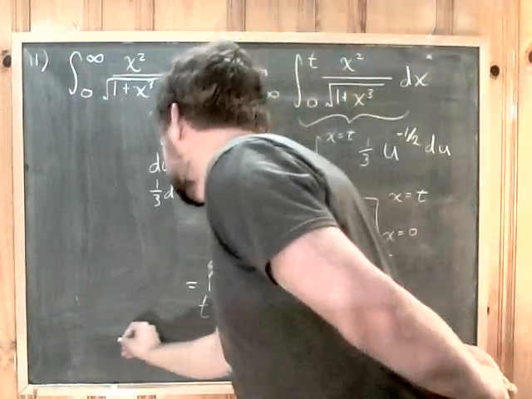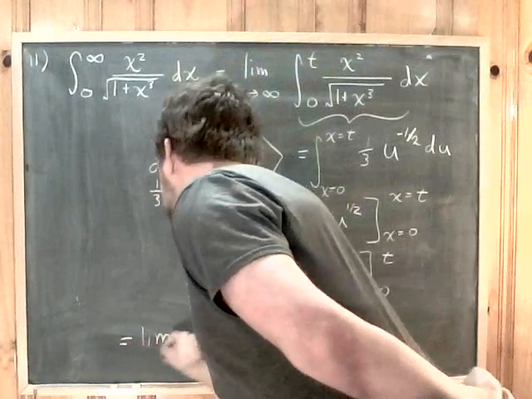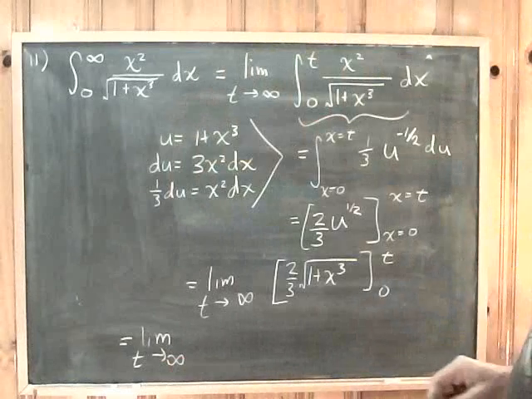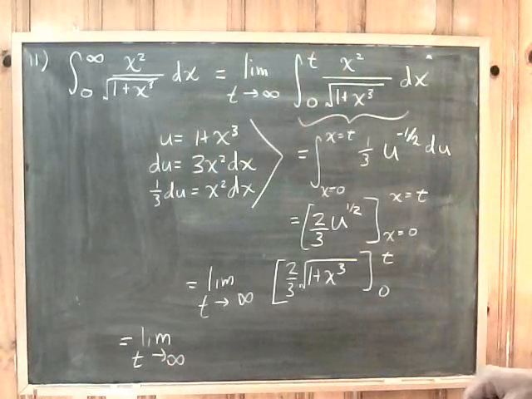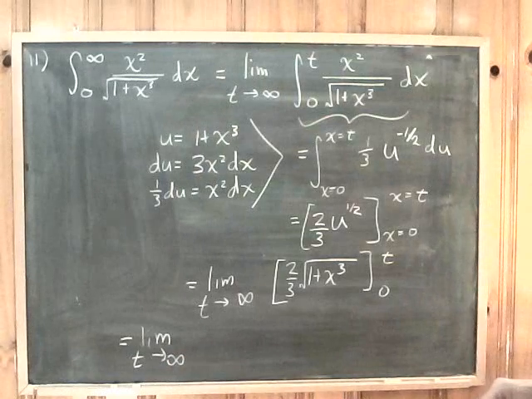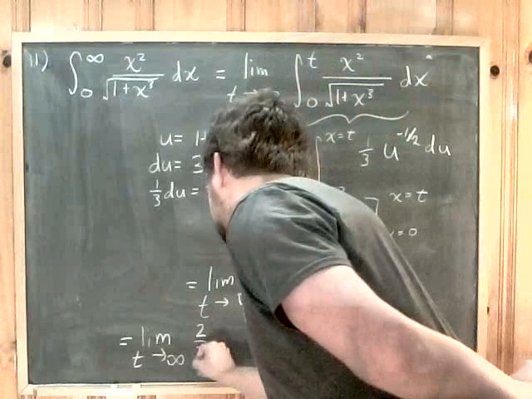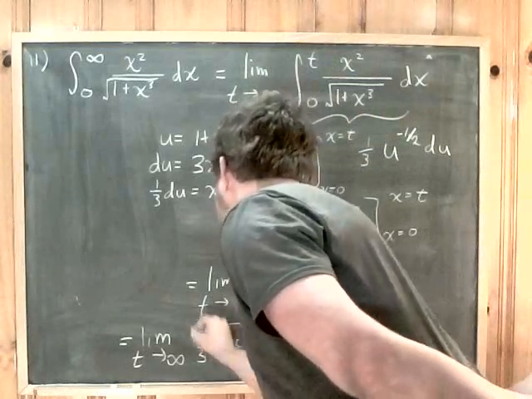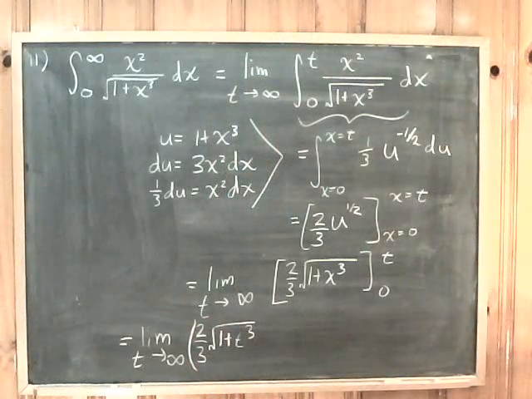So it's equal to the limit as t goes to infinity, and plugging in t and plugging in 0. So when I plug in t, I get square root of 1 plus t cubed, with that 2/3 on there. So I'll need to take the limit of all of this. When I plug in 0, I get the square root of 1 plus 0.